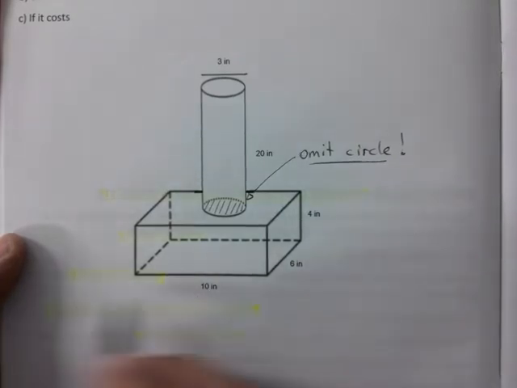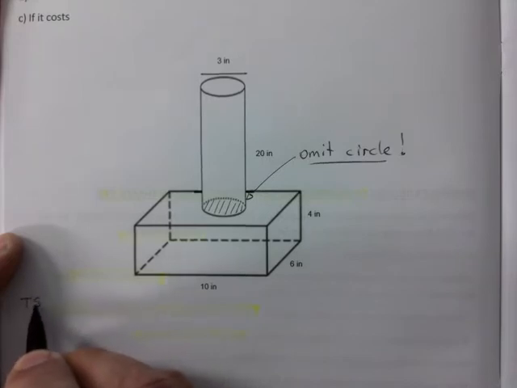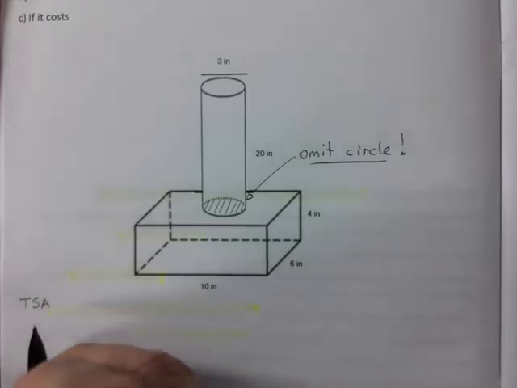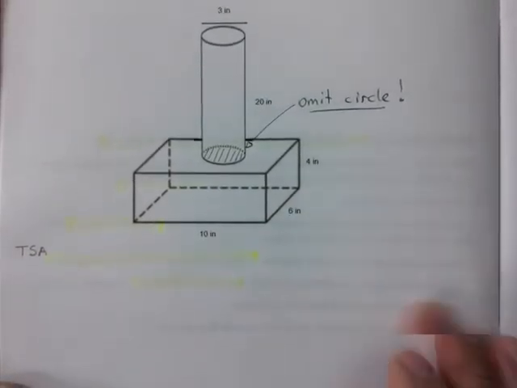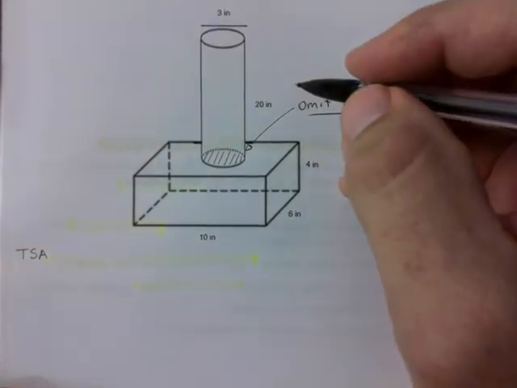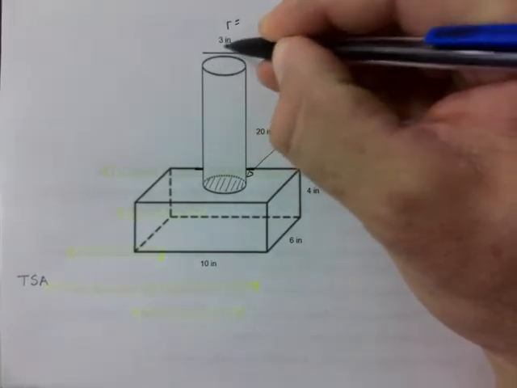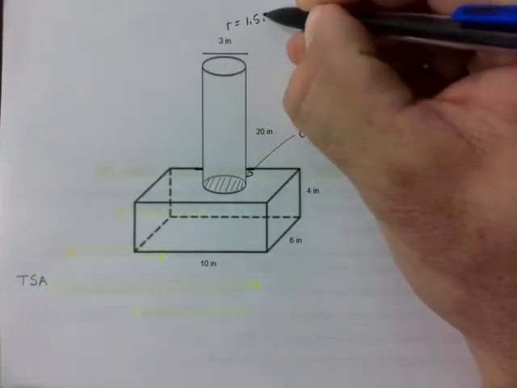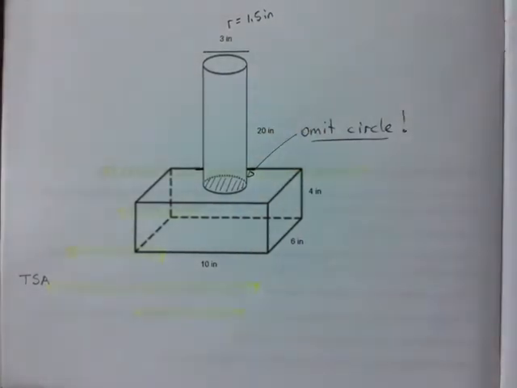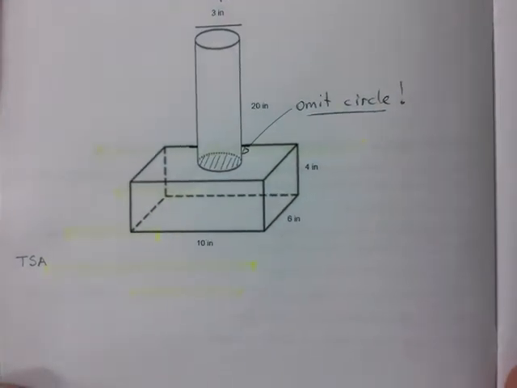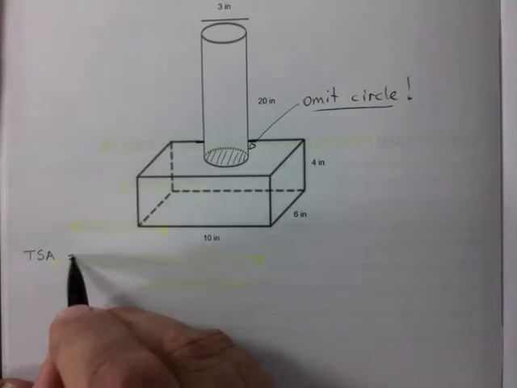So let's see here. Surface area. I'm going to call this TSA, and it stands for total surface area. Okay. I'm going to do a few things up here. I'm going to tell myself that the radius of this is going to be 1.5 inches, right? Then I have it ready to go. I don't need to worry about that. And it's probably a good habit to go like this.